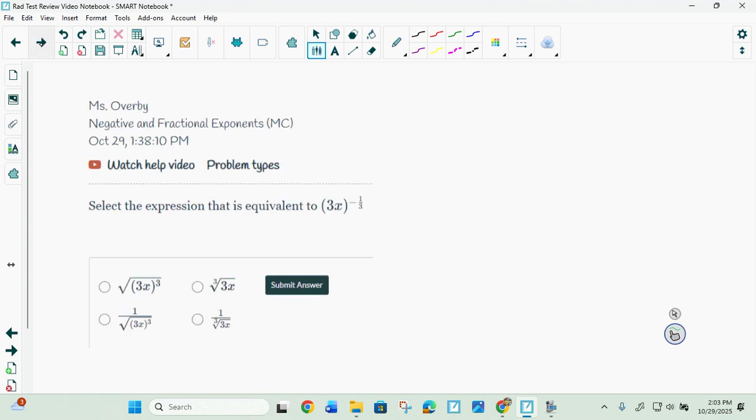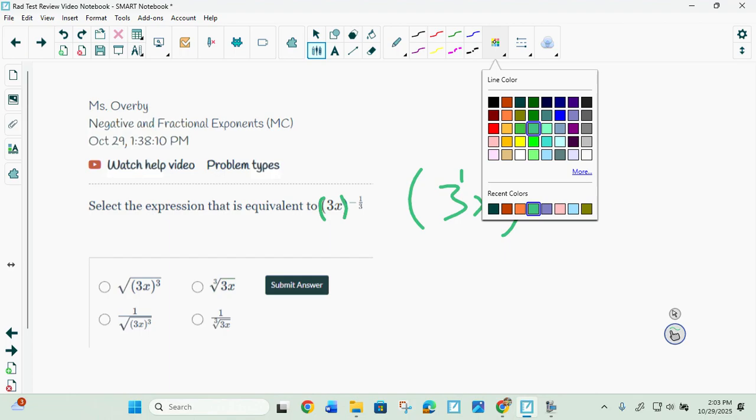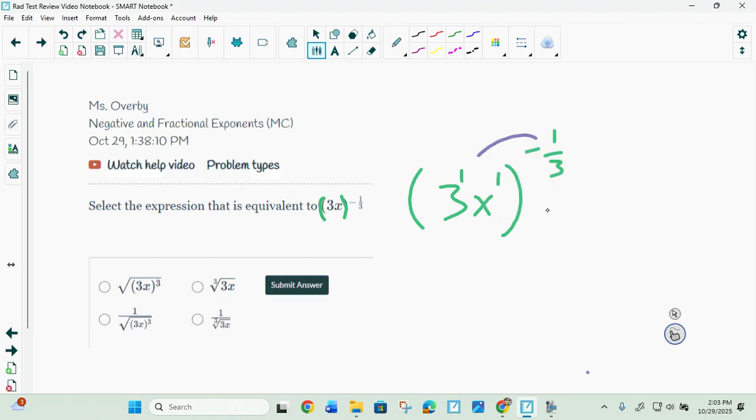Okay. Note that because of our parentheses, that -3 goes to both. And so you can think about it like this. There's a power of 1 there, there's a power of 1 there. And when we see power to power, we know we're multiplying, all right? So we've got 3, and then we're saying -1/3 times 1 is -1/3.